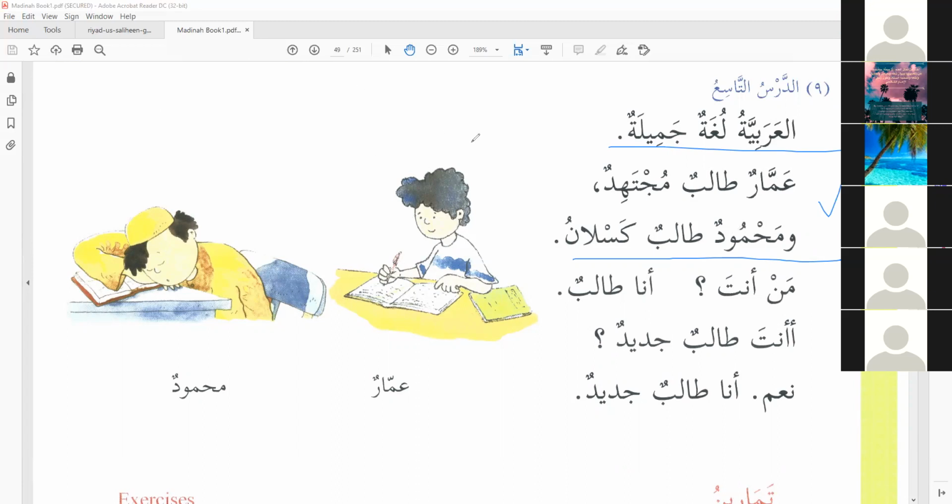عمار طالب مجتهد. Very good. ومحمود طالب كسلان. Very good. Kaslan is lazy. Okay. Also the sloth, right? The animal, the sloth, they call it Kaslan, the lazy one. So we have again the same thing. Done a very good job in this exercise, making the sentence structure the same, very easy.